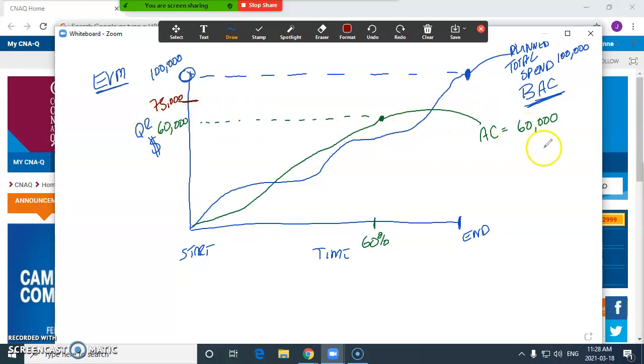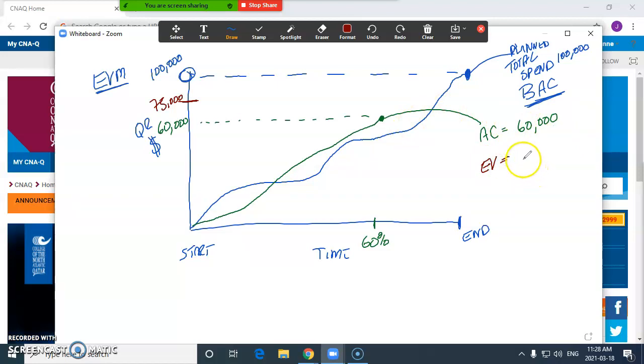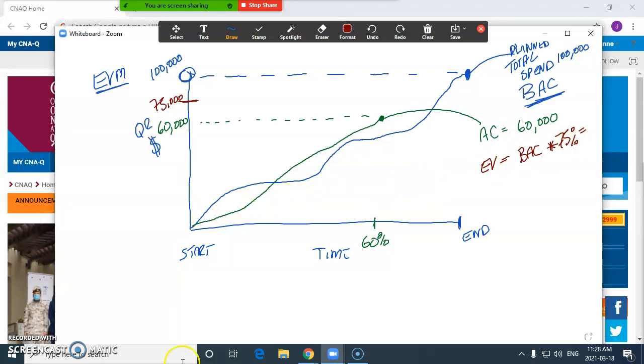It's going to be 75 to determine your earned value, okay? It's going to be your BAC, your budget at completion, times the percentage of work completed. So they said 75, so that's going to equal 75,000 real, okay? That's how much earned value, how much work's been done. 75,000 real, okay?